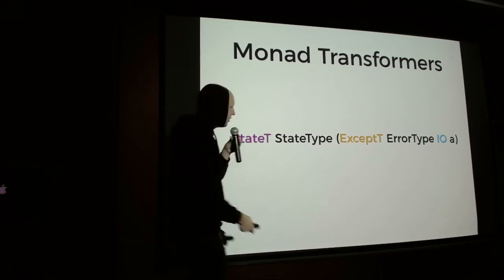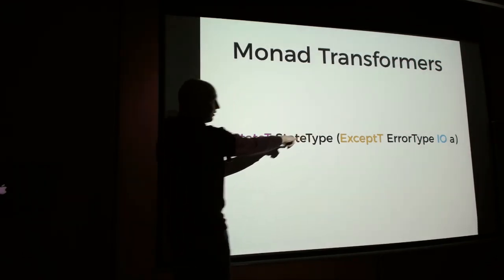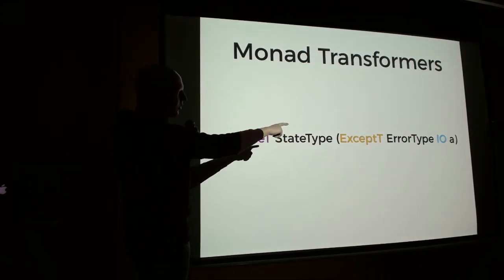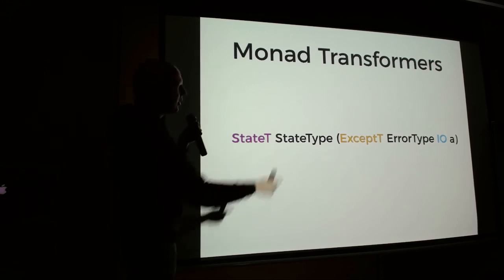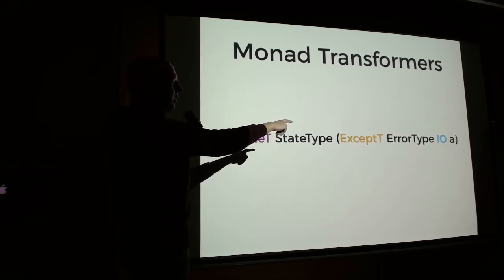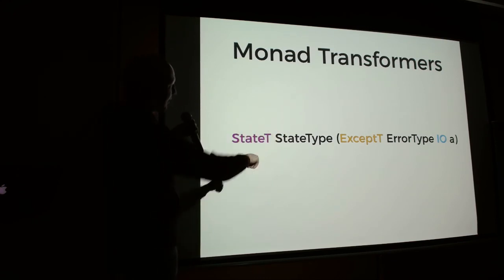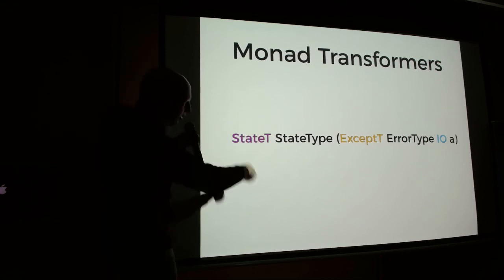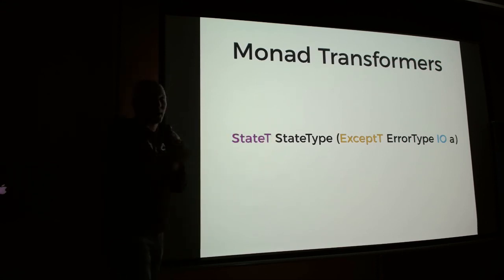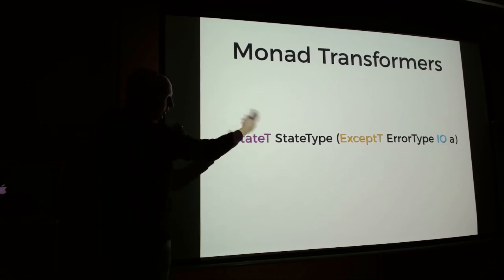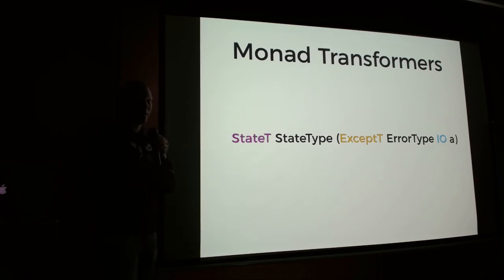And this computation can fail, and the error is encoded by the error type, which has all your errors listed. And finally, this computation may have side effects, which is signified by the usage of IO there. And wrapped into all this monstrosity is the simple value of A, which can be any type again. And because this is a monad again, it can be combined with some other monads to form even more complicated monads, and so on and so forth, all the way to infinity. So your buffet actually has an infinite number of dishes.